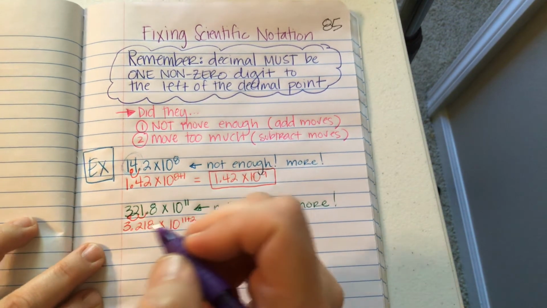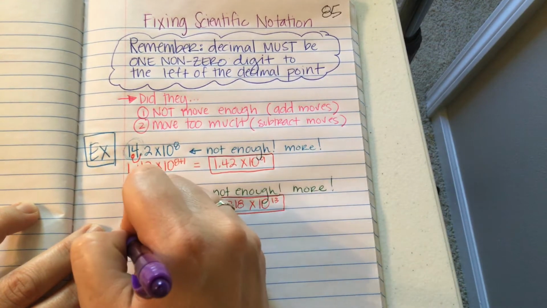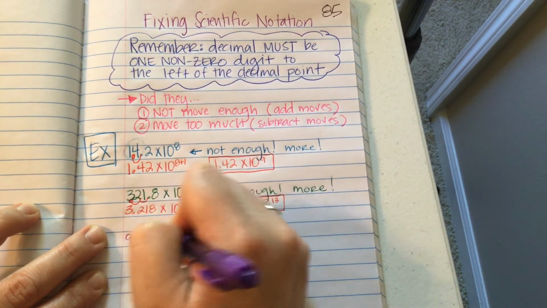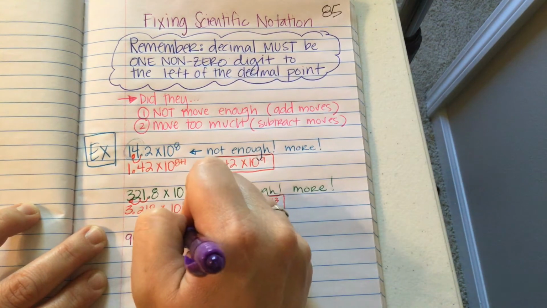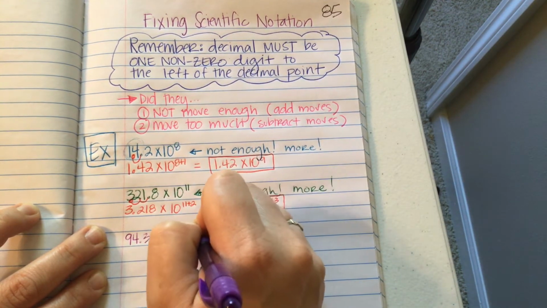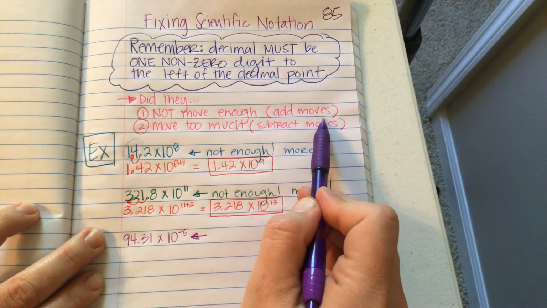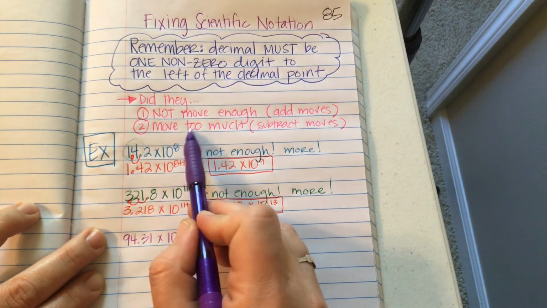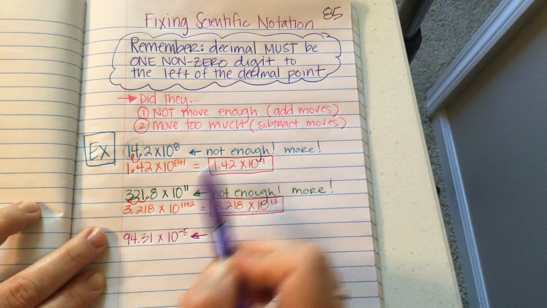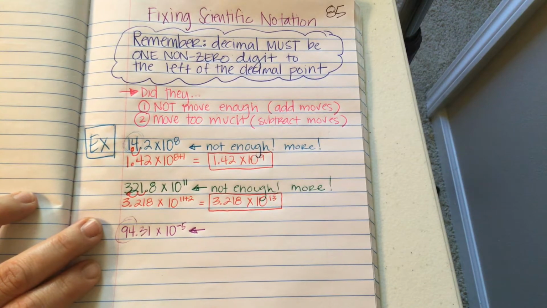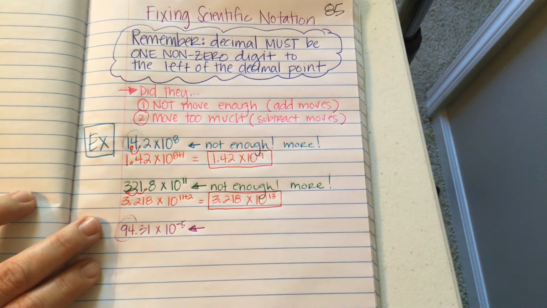Let's do another one. Let's do 94.31 times 10 to the negative 5th. And I ask myself again, is there not enough? Do I need to add more moves? Or did they move too much, and I need to subtract moves? If I'm looking to the left, it's a 2-digit number, and I need a 1-digit number. So I need to move one more time.